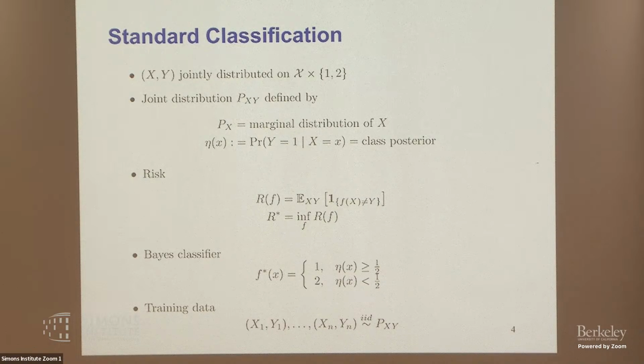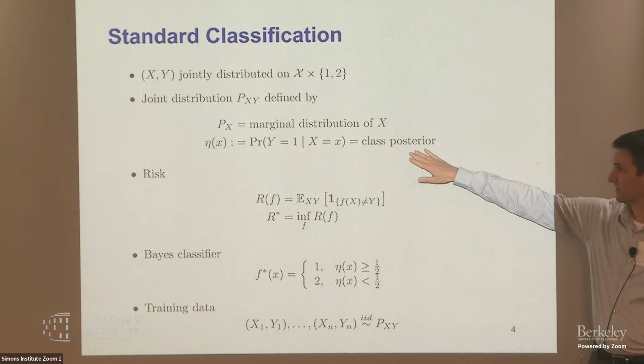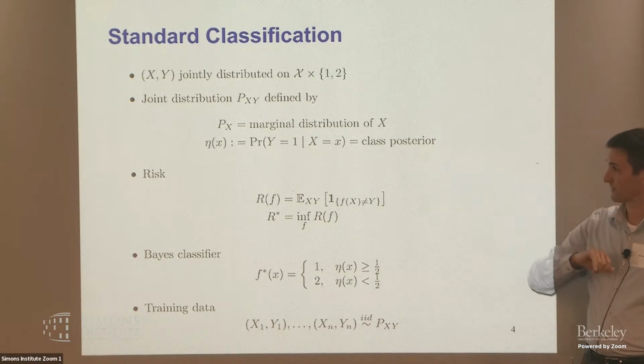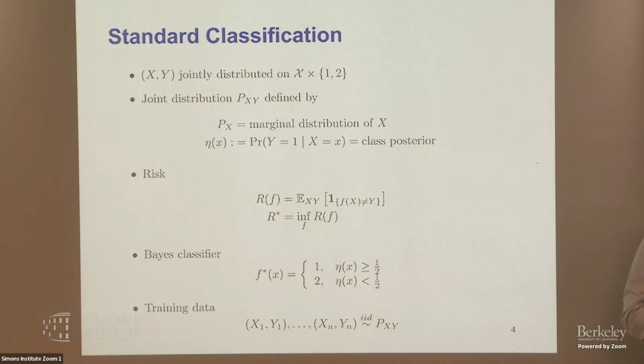I'm going to think about that joint distribution in terms of the marginal distribution of X and then the conditional distribution of Y given X. A key quantity in this talk is this function eta of X. I'm going to call that the class posterior, or just the posterior. I need to give it a name. I'm going to be referring to it frequently in this talk.